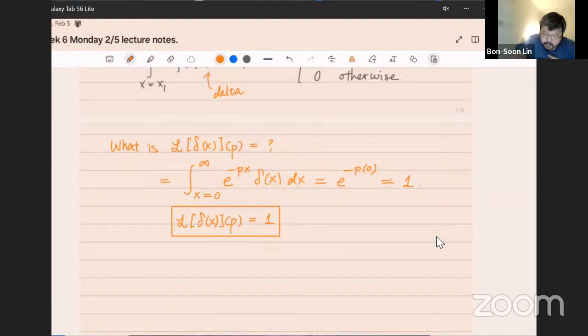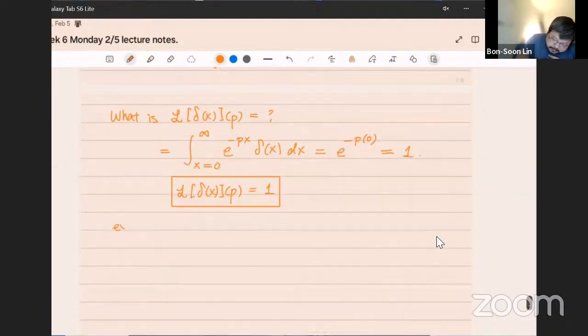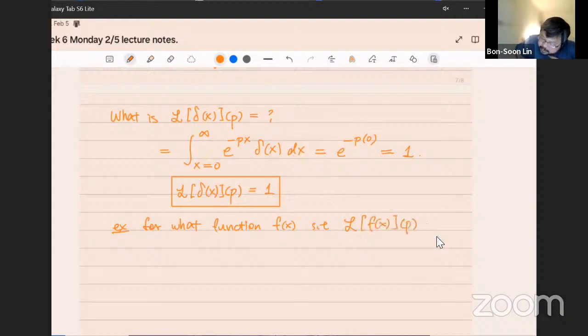And we can also work backwards. So for example, for what function f of x would the Laplace transform of f of x be, let's say, our favorite number 7?